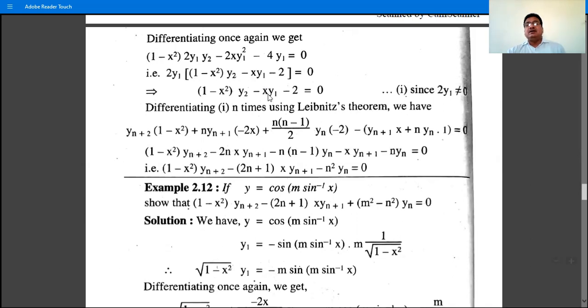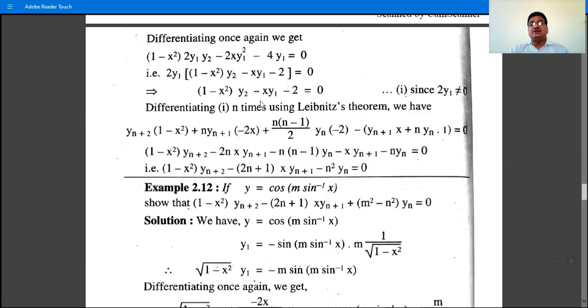Again use the Leibniz theorem. We have to write the nth order derivative of x y1. So again by using the Leibniz theorem, write in bracket, because there is a negative sign. The first term is nC0, which is 1, and y1 is now u and x is v.